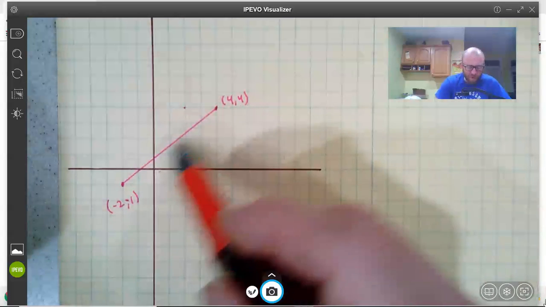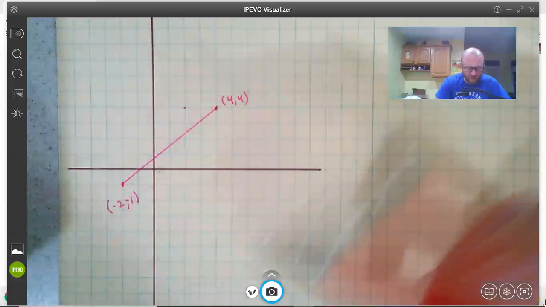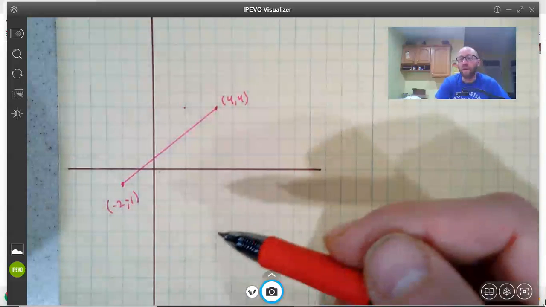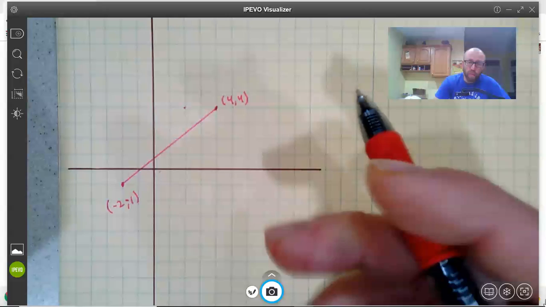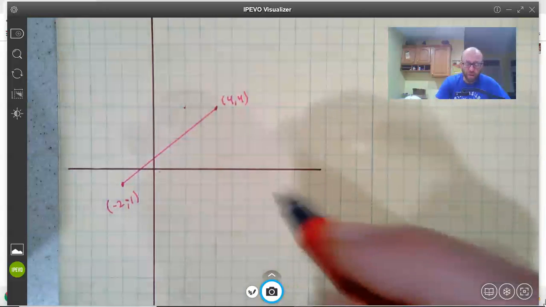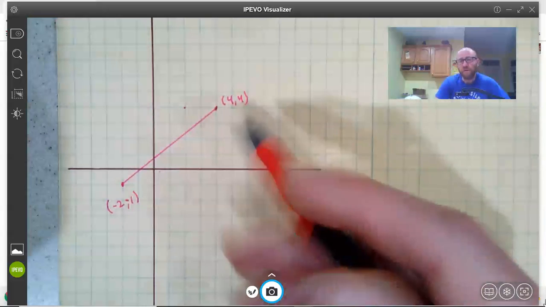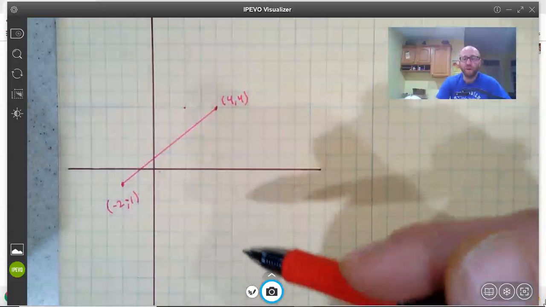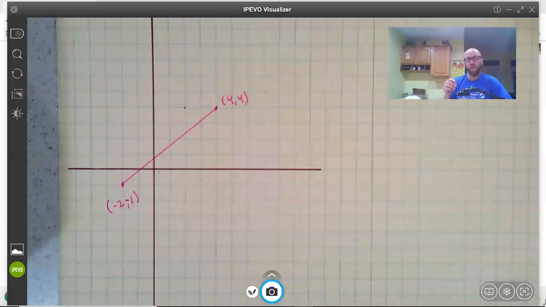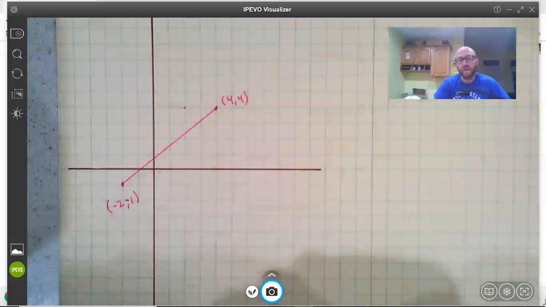Well, this doesn't look easy because I have no idea how to do this, right? But let's break this down into a simpler problem. We've talked about how if I want to travel from one point to another, there are 2 components to my travel. There's an up-down component, that's a y component, and there's a left-right component, an x component.